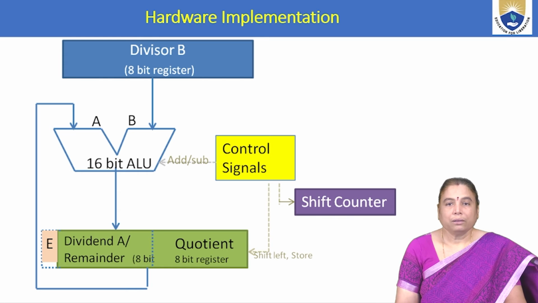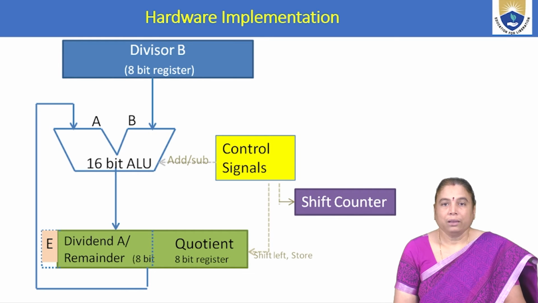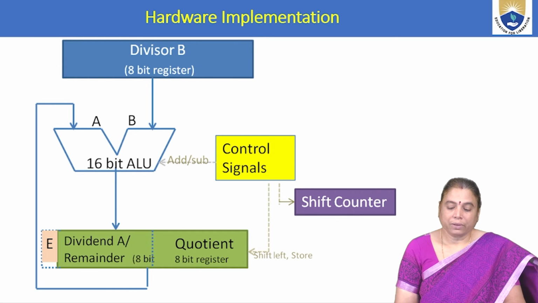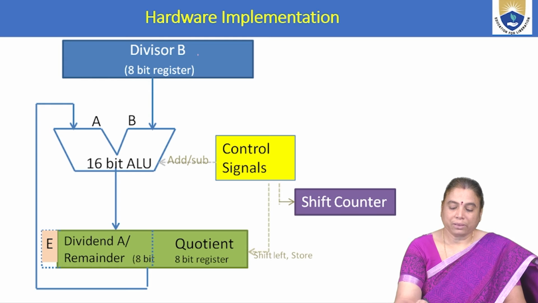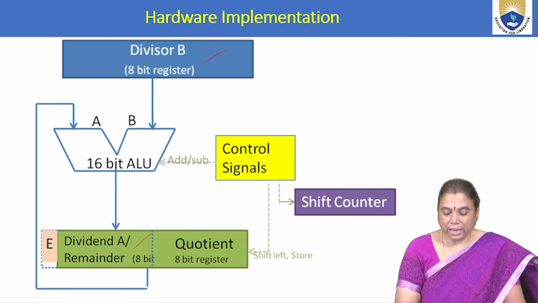So here, in order to perform the binary division, in the hardware circuitry the divisor B is stored in a register, the dividend A and the partial remainder are stored in the A register, and the quotient is stored in the Q register.